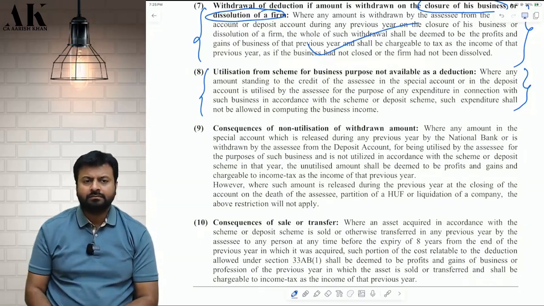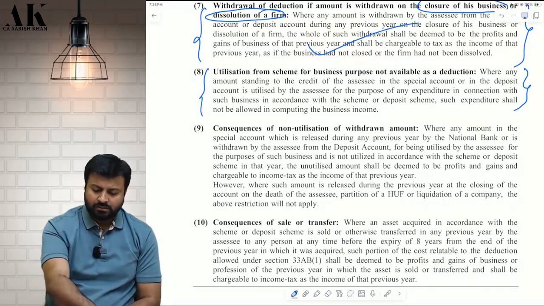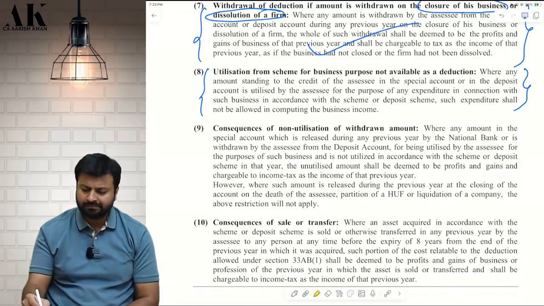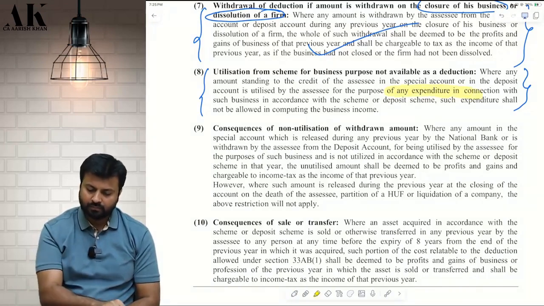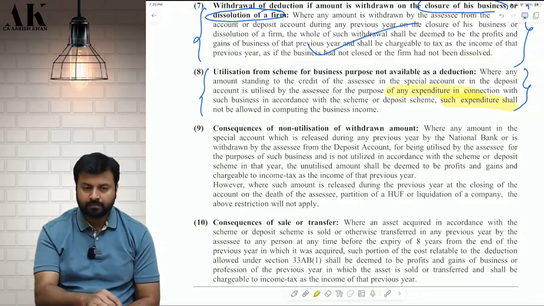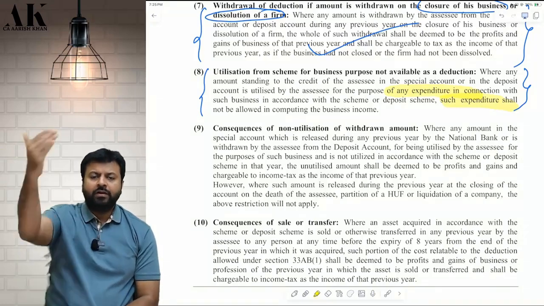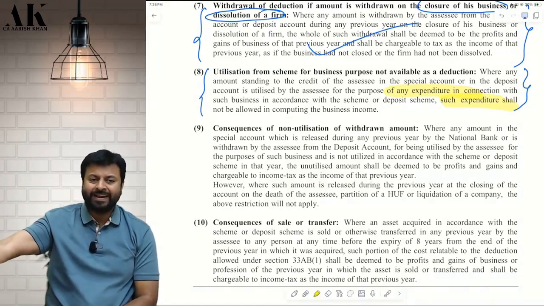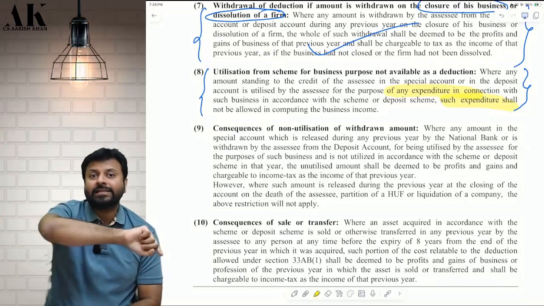Point number 8. What is mentioned in point number 8? Listen carefully, I am highlighting a very important word over here. If you withdraw money and use it for any expenditure, then that expenditure is not allowed as a deduction.